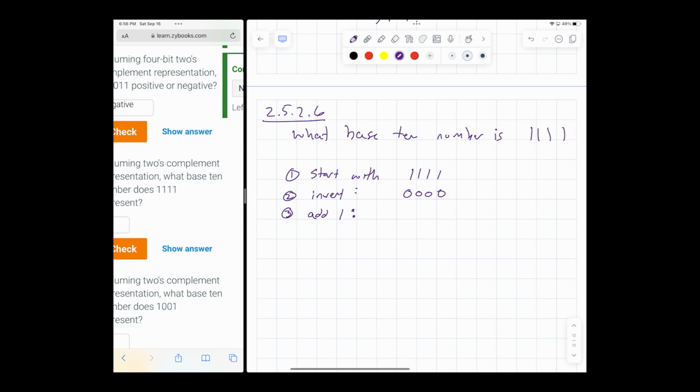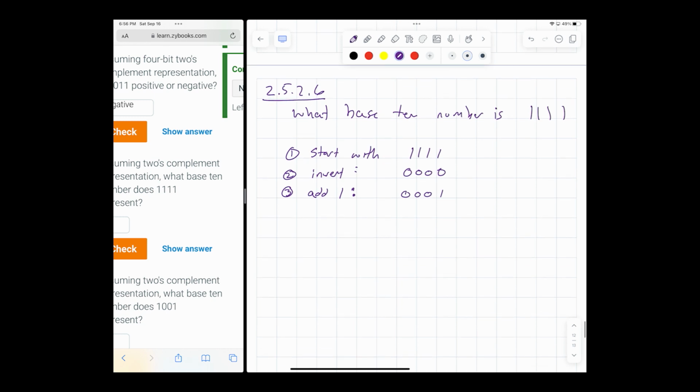I'm not going to write it out because we're just going to add 1, so it's just going to be 0001. And that's 1, right? What does that mean? So the original must be -1.